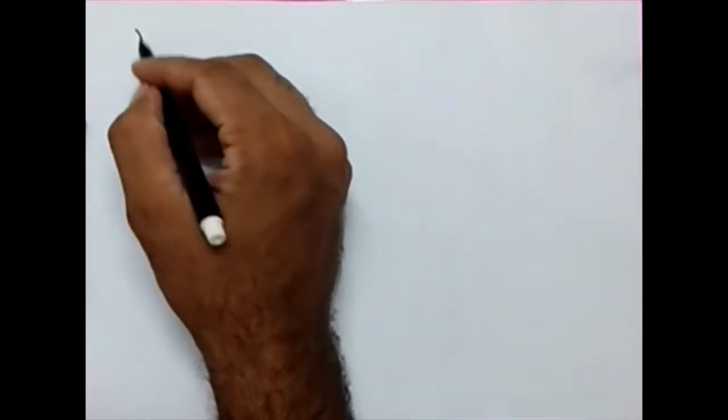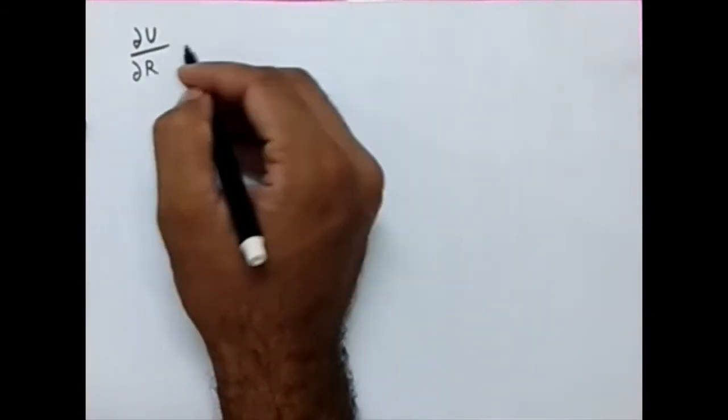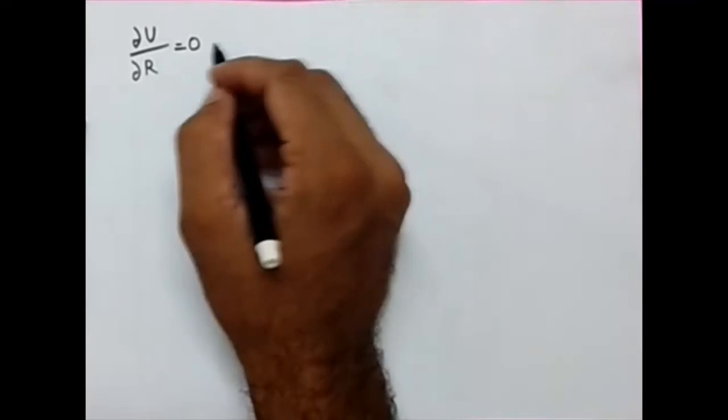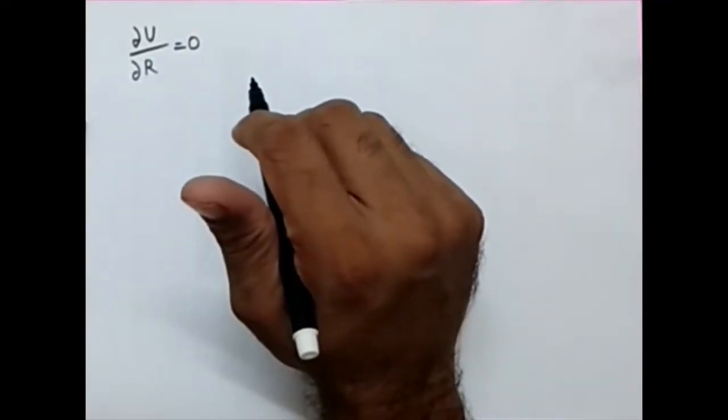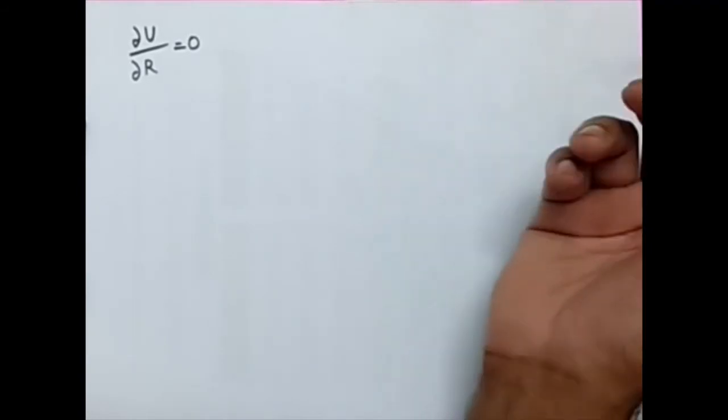So the theorem of least work says that dou U by dou R equal to 0. When there is more than one redundant, for example RB and RD, we have two reactions and those two are redundants. How they will come, we'll see in a few minutes.